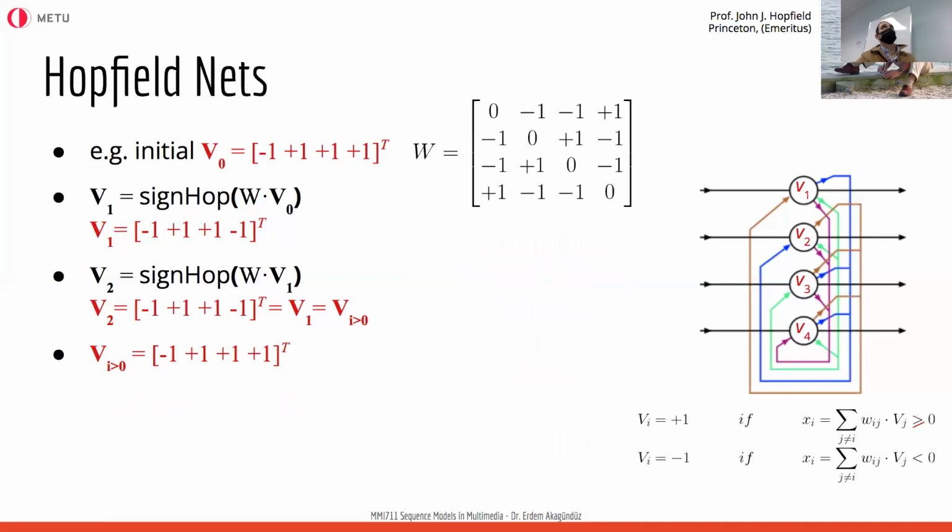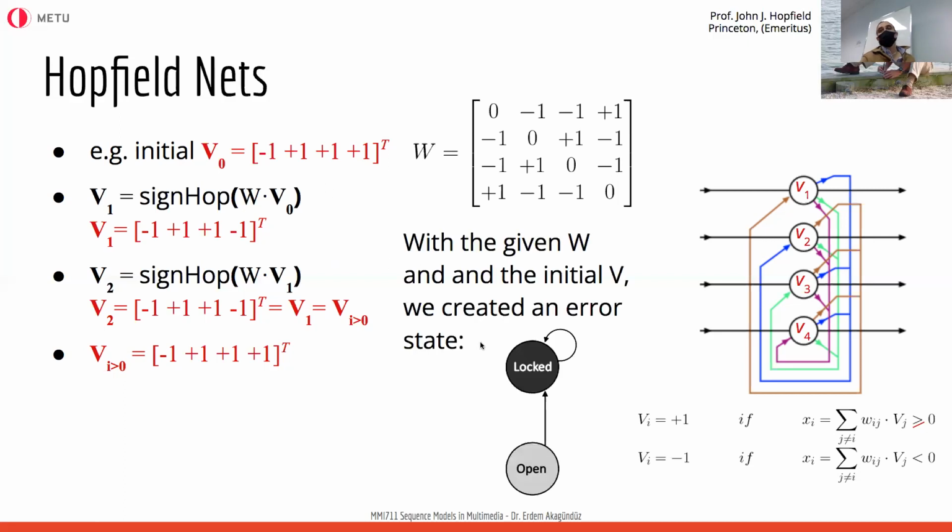Okay, let me continue. Let me change the initial condition to this: -1, +1, +1. And I apply it. I get this. Then I apply signHop. I get this. So with this initial condition, look, I created a different type of automata because after I jump from this state, using this initial state, to this state, I cannot get out of this state.